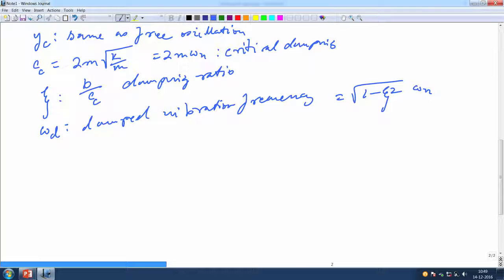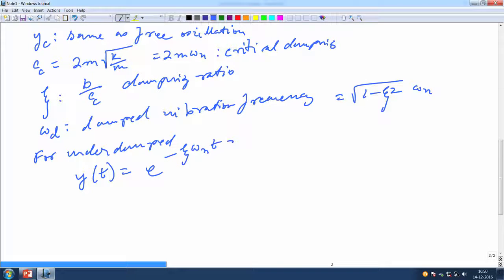Now, for an underdamped system the solution becomes y(t) equals e to the power of minus zeta omega n t times D1 cos omega d t plus D2 sin omega d t. That is the main form of the equation that you are going to get.